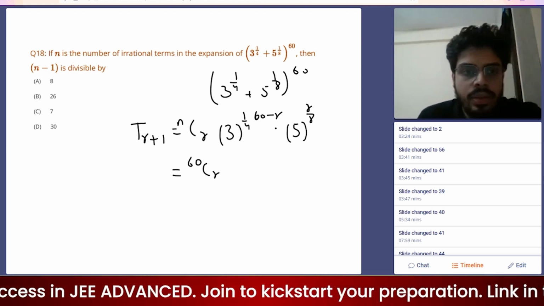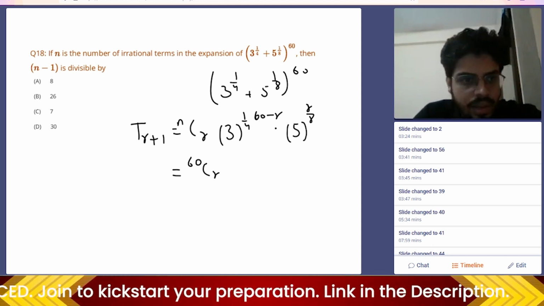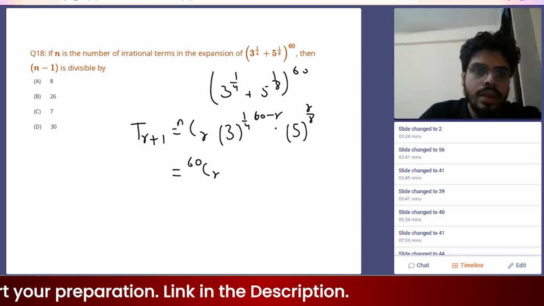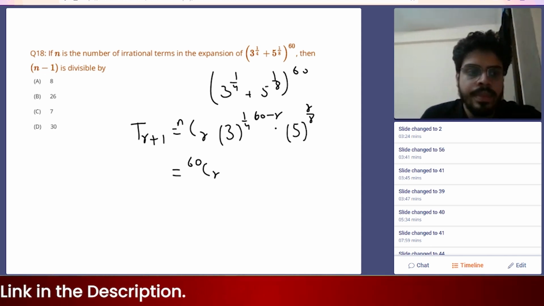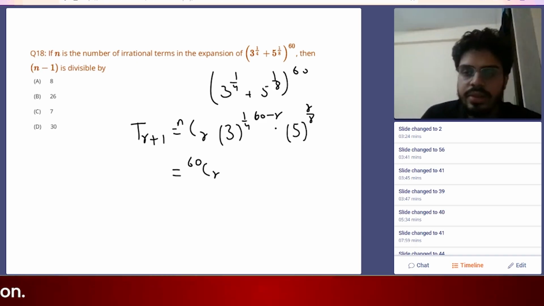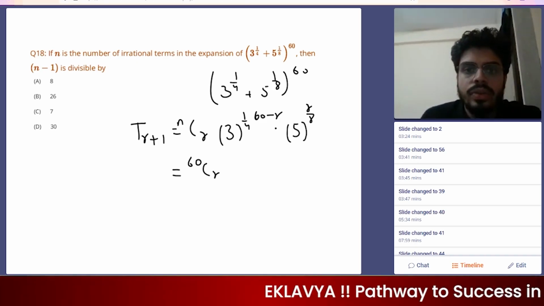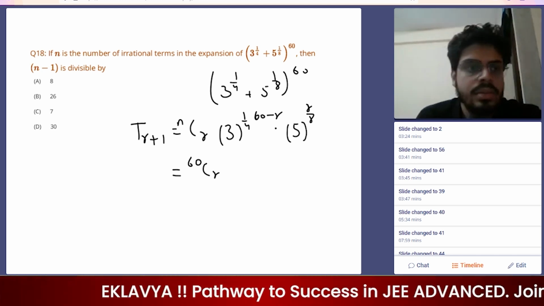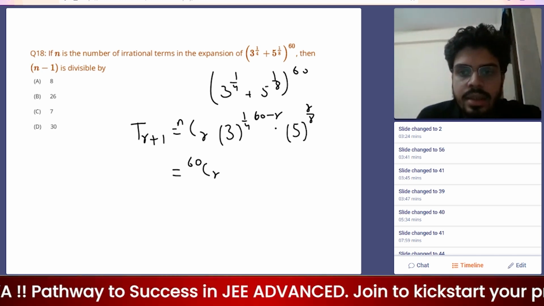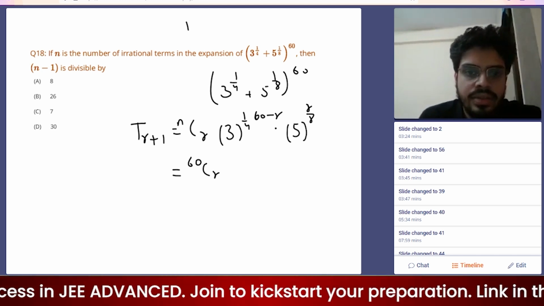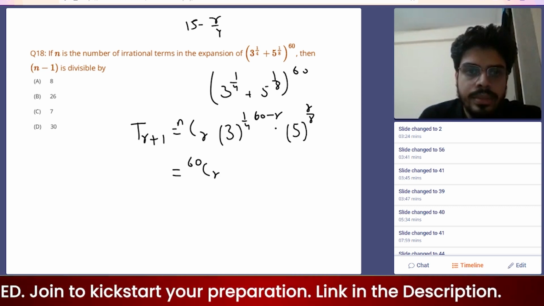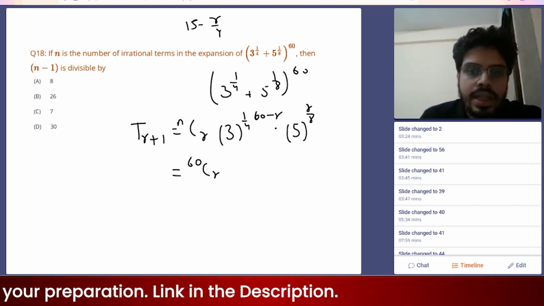And now we have to find the irrational terms. If n is the number of irrational terms. So let us first find the rational terms, and all the remaining will be the irrational terms. So here we have (60 minus r) by 4, which I can write as 15 minus r by 4, and here it is r by 8.